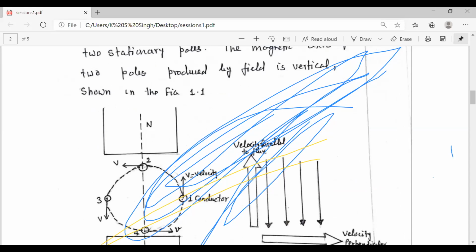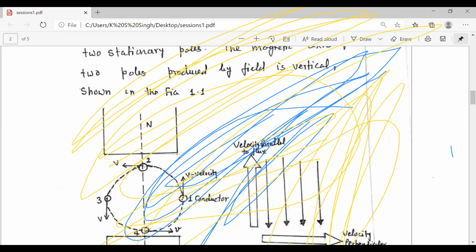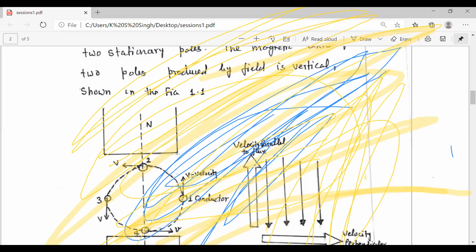Consider the direction of conductor 1 at position 1. You will see what will happen at position 1.